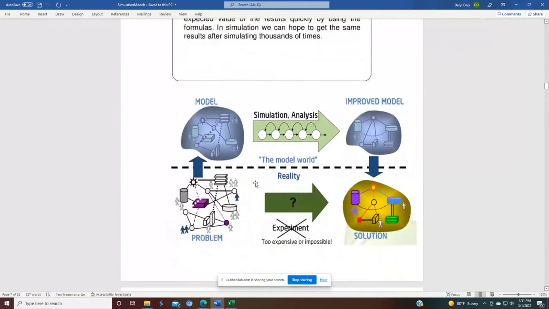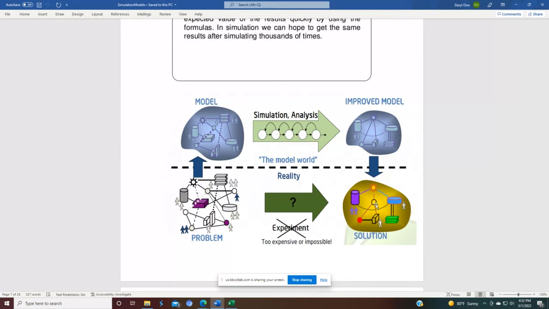And you can look here. All right, so you have a problem. You can't do an experiment because it's too expensive or it's impossible. So what do you do? You have your problem, you have your model, there's some trial and error that's involved, you have an improved model, and then you come up with whatever solution you are looking for.